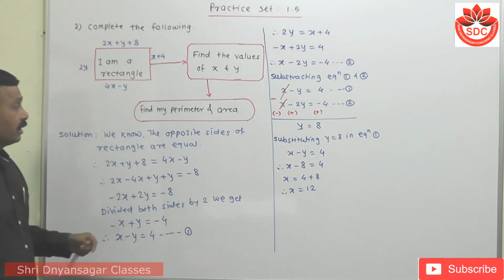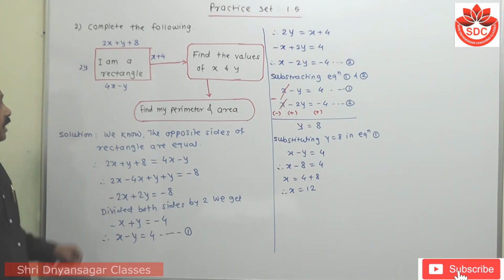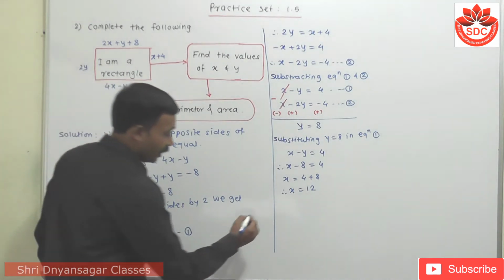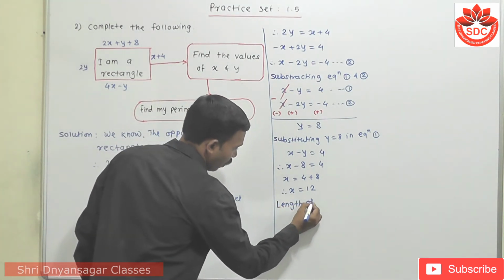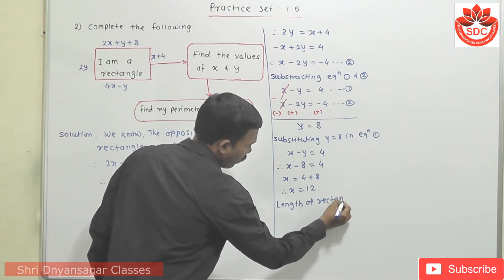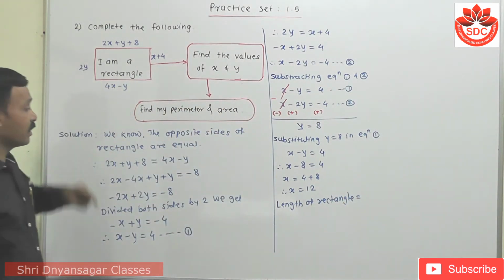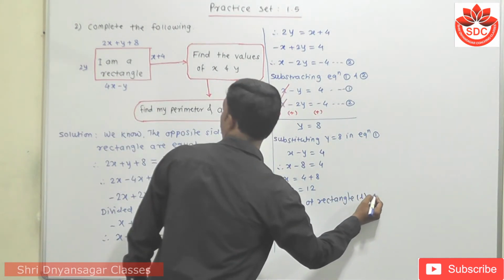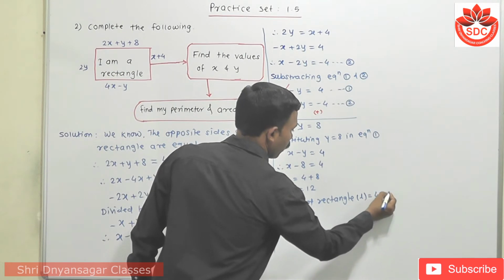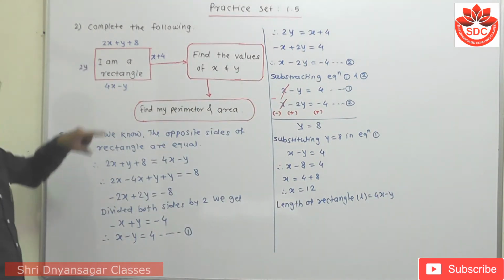Now we have found the values of y and x. Then by using this we can find out its length and breadth also. So first I have to find out its length. Therefore the length of the rectangle, suppose this is L, is equal to, we take any one of these sides, I have taken 4x minus y.